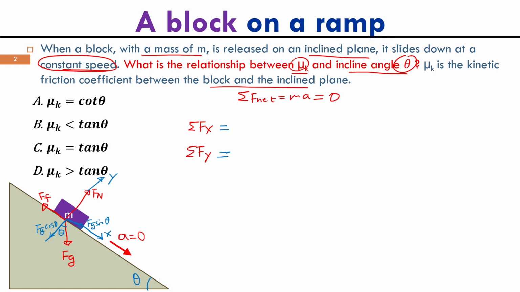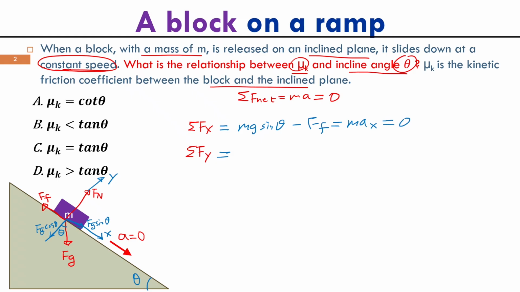Let's look at the x direction first. So we have mg sine theta, which is the component of gravity going down the ramp, which is positive. So mg sine theta minus friction, because friction is opposing the motion, equals mass times acceleration along the x direction, which is 0.